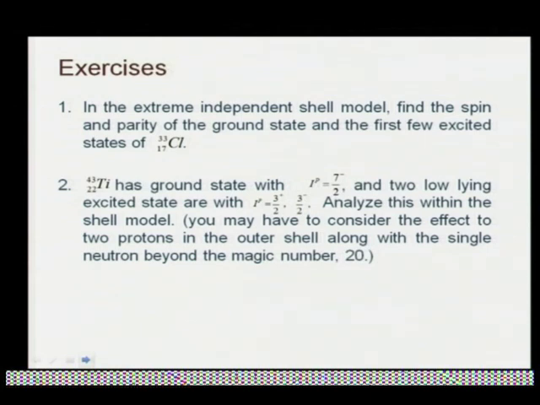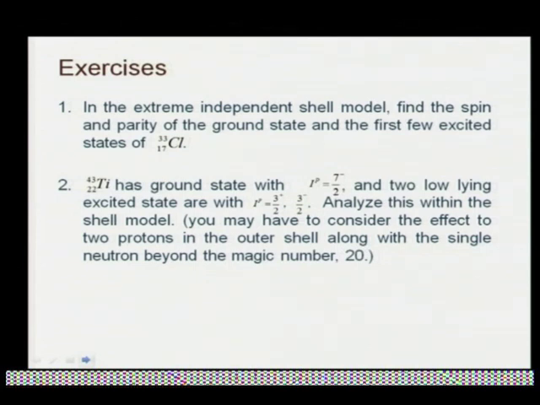And you look at Ti-43, with 22 protons and 21 neutrons in it. So 21 is actually one more than the magic number 20. So today's discussion is valid there, saying that collective behavior is important there.